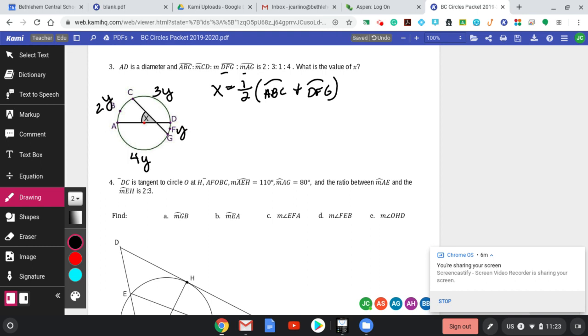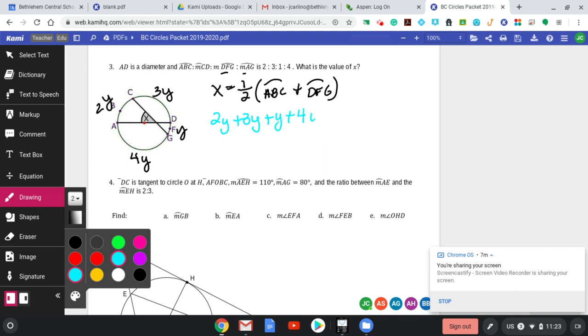Any way you can think of to find what each arc measure is? Well, don't I know info about all of them? And what do all of them total up to? All of them total up to 360. So you have 2y plus 3y plus y plus 4y equal to 360. So now you can solve for y, plug it back in, and we're on our way.